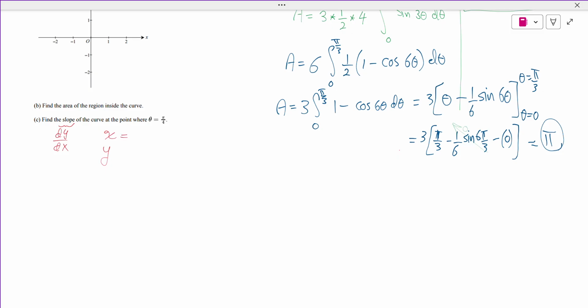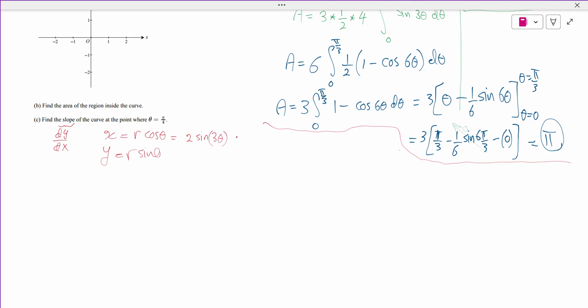And we know that x equals r cos of theta and y equals r sine of theta, and r is given. So r is 2 sine of 3 theta.